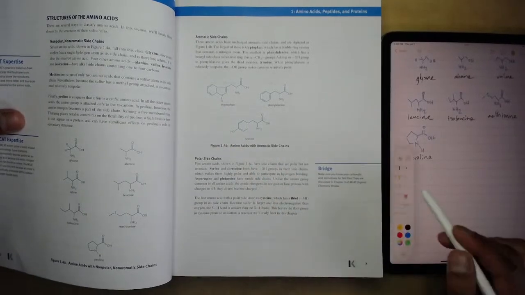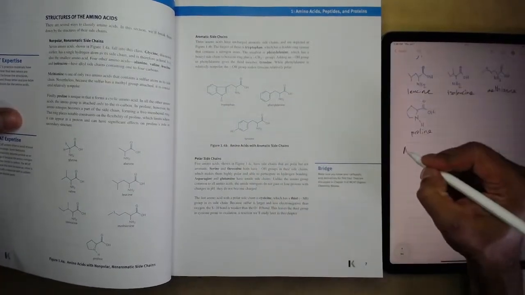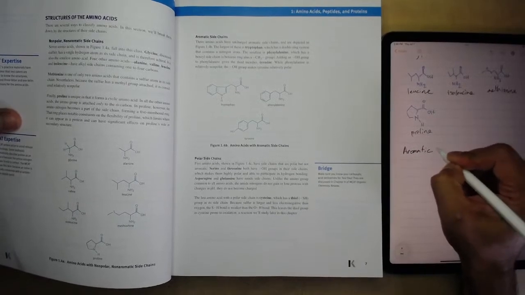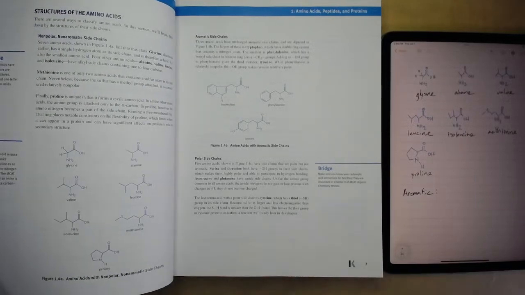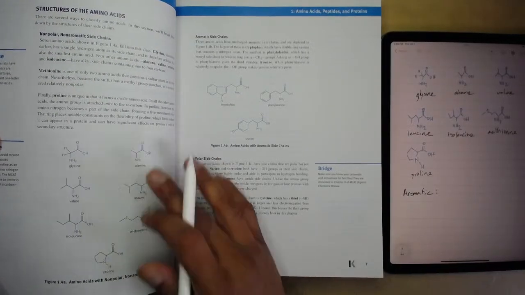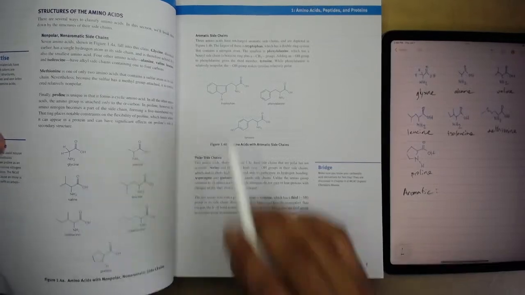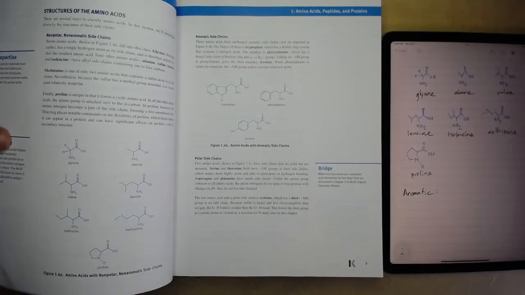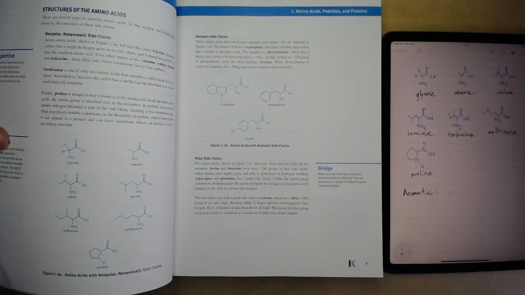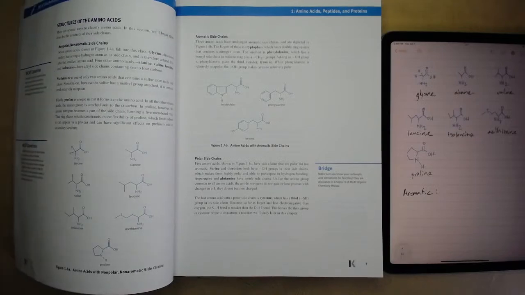Aromatic side chains next. The 3 amino acids have uncharged aromatic side chains and are depicted in figure 1.4b. The largest of these is tryptophan, which has a double ring system that contains a nitrogen atom.